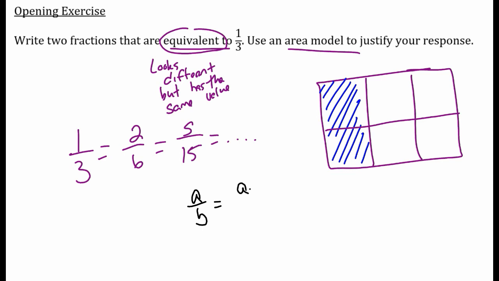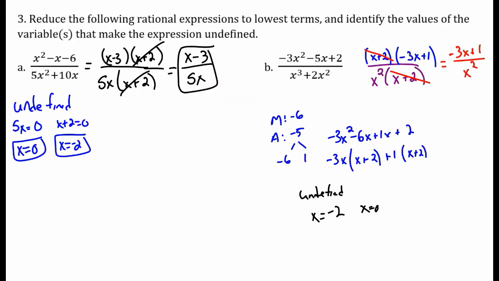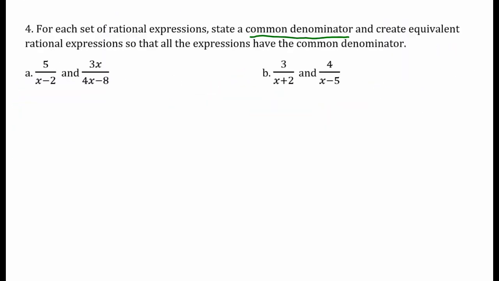So if I multiply the top by something, I also have to multiply the bottom by that same thing, because all we're really doing is multiplying by a factor of 1, and multiplying by 1 doesn't change the value of an expression. So that's what we're going to do here in question 4: create equivalent expressions by multiplying by 1, even though it's not going to look like 1.